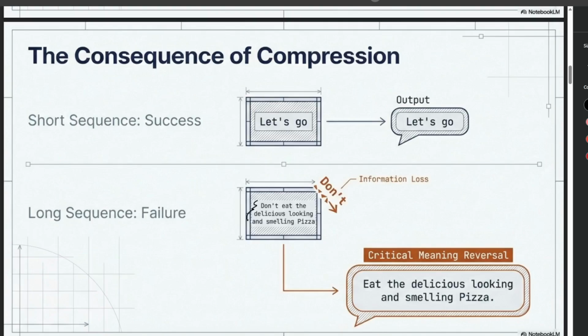If the sentence is long, the encoder might forget the word don't by the time it reaches pizza. So if that first word is lost in the bottleneck, imagine we don't have this word: eat the delicious looking and smelling pizza. The meaning flips entirely and the translation becomes eat the pizza. We need a way to stop forgetting.